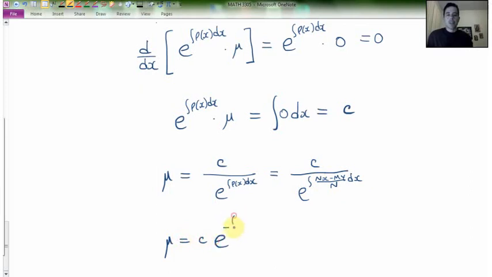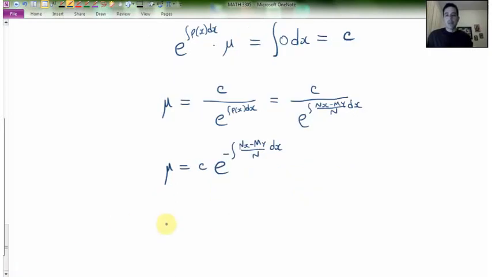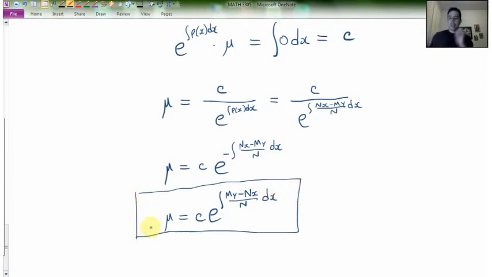So negative nx minus my over n dx. And we can move the negative inside if we want. So this is c times e to the, and here we can move the negative inside, and then we just switch that. It becomes my. So let me write this clearly here. It's my minus nx divided by n dx. So there it is. There we go.